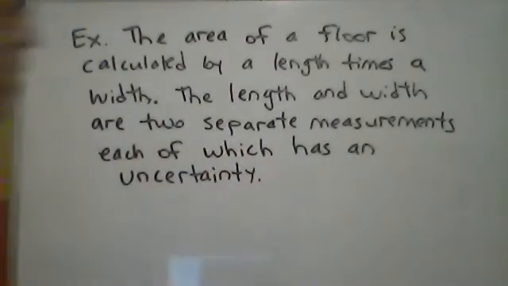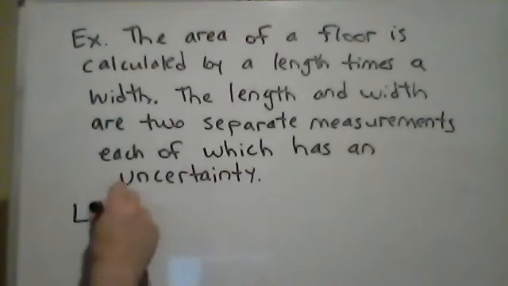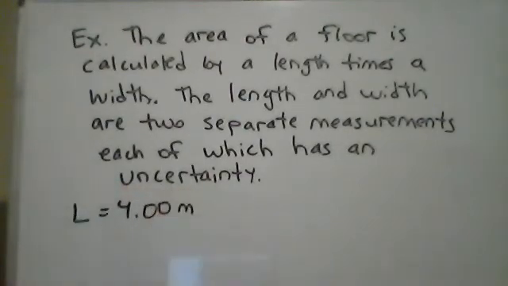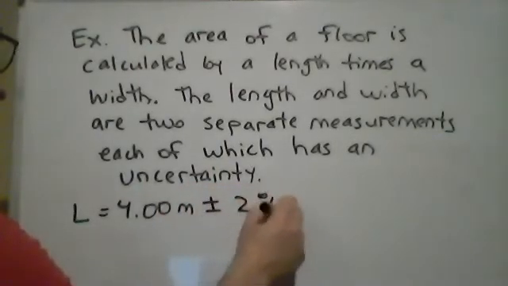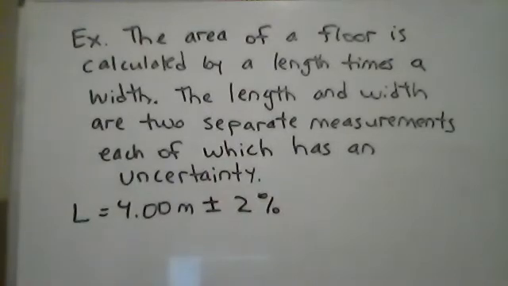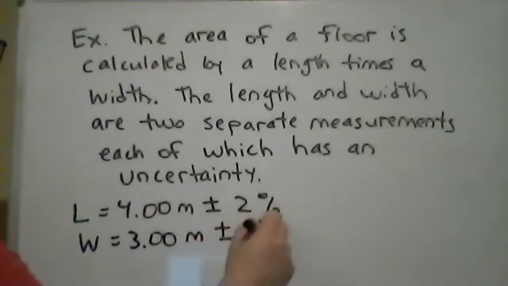So again, I'm going to have a squaring issue here now. I mean, how do I take care of that? So let's just say, as an example, we know the length is equal to 4 meters plus or minus 2%. Okay, let's say I know that. And I know the width is going to be, we'll say, 3 meters plus or minus 1%. And the question is, well, what do I do about the area?